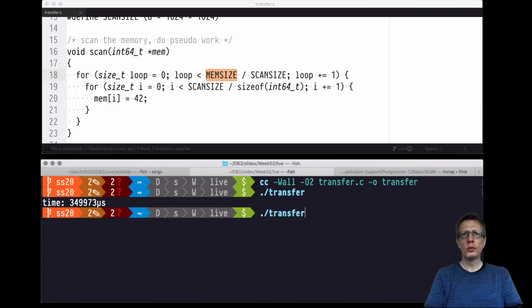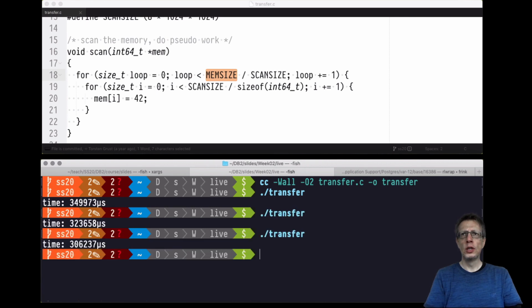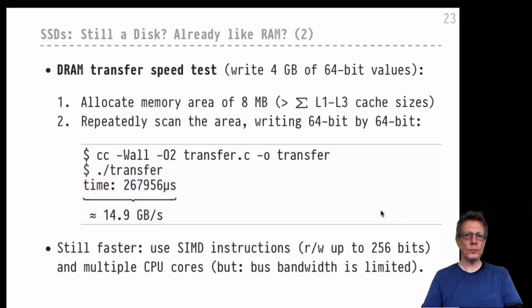Okay, execute again. Execute again. So 306,000 microseconds of time has passed to write 4 gigabytes of data into DRAM, really into primary RAM. You see that I've performed this experiment a bit earlier on and measured better times at this particular experiment.